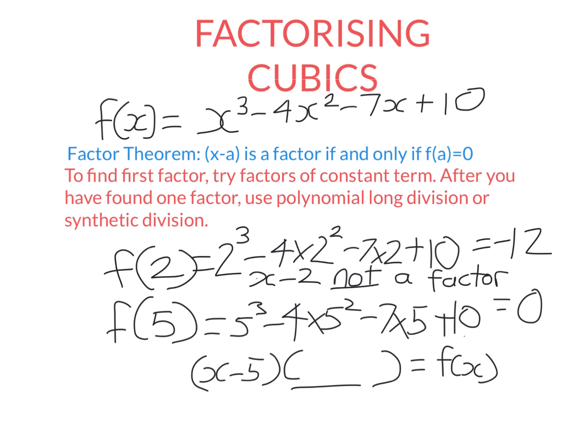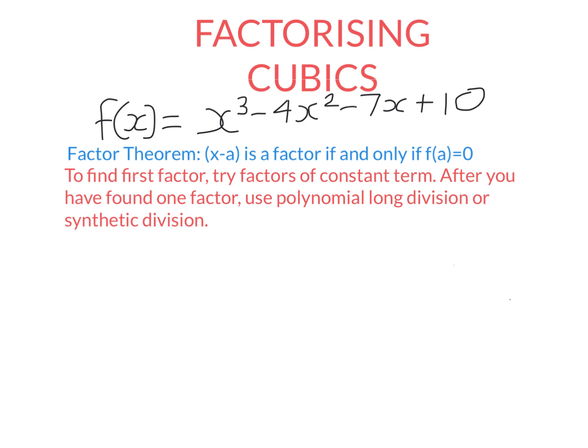So I will now show you those. So we know here that x minus 5 is a factor. So we want really to see how x minus 5 goes into our polynomial x cubed minus 4x squared minus 7x plus 10. So this is how you do polynomial long division.